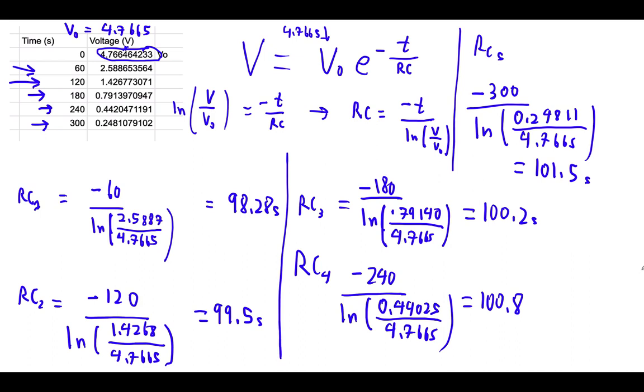So now the question is, our question is that we just evaluated the value for RC, and RC should be a constant. RC should be a constant. And you would expect there to be some sort of random error on this, right? But this doesn't look random to me. It increases monotonically, doesn't it?